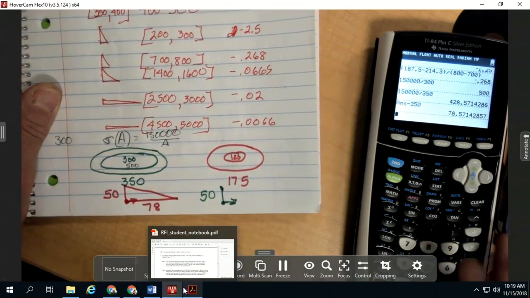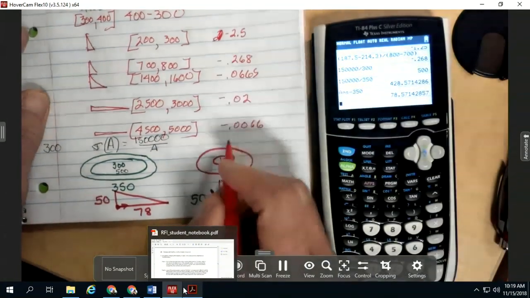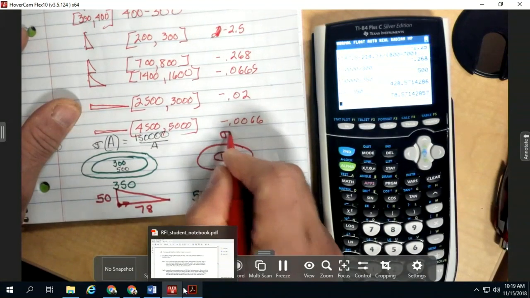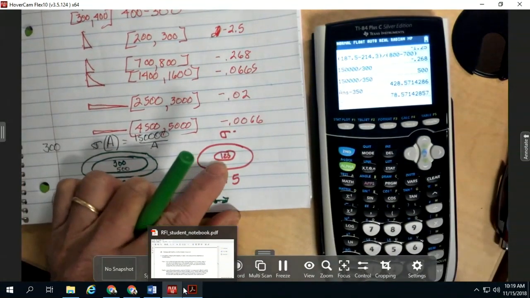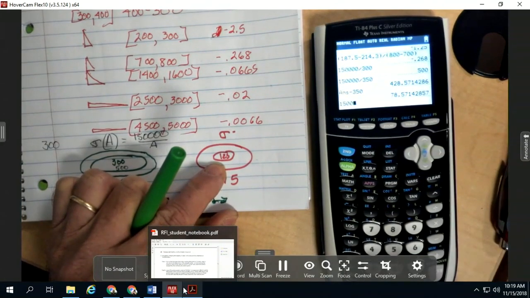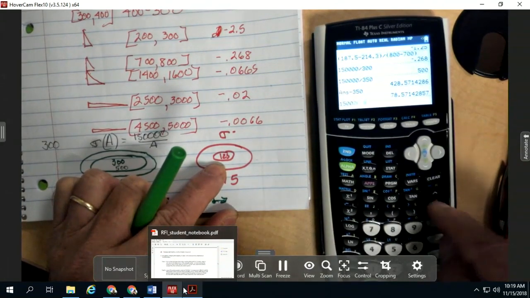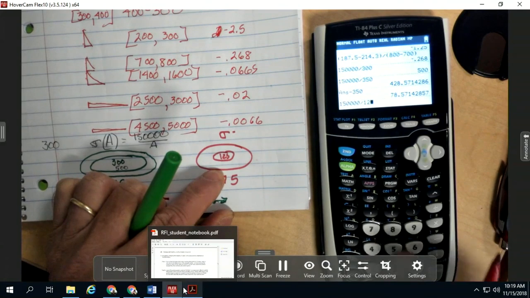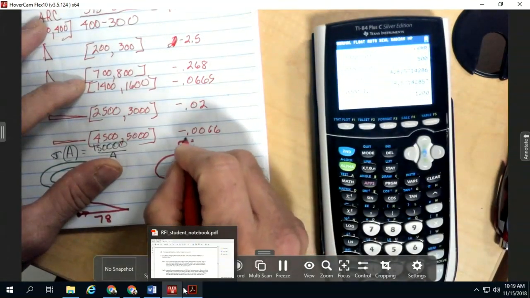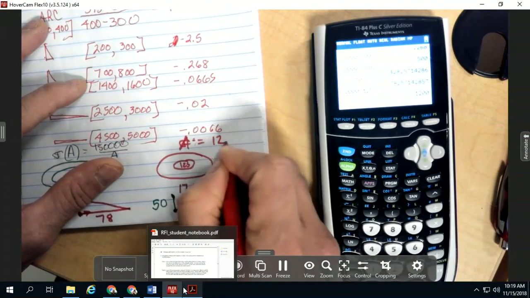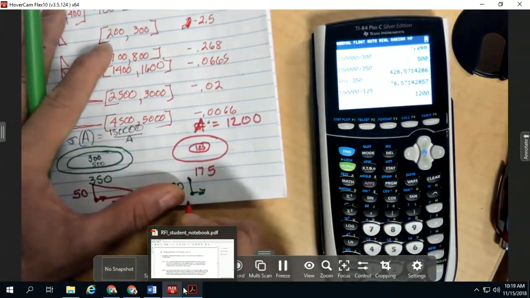Over here, a change of 50 pounds. To find the area here, we'll take 150,000 divided by 125, and we get area is 1,200.